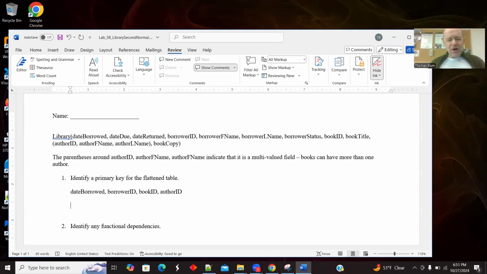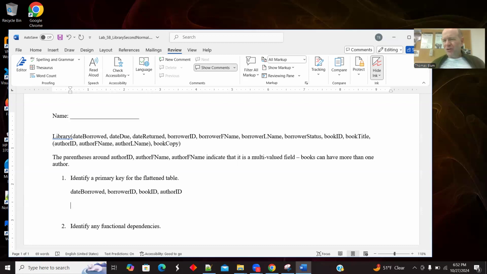We were picking out the date the book was borrowed, the borrower ID, the book ID, the author ID. That should be enough.